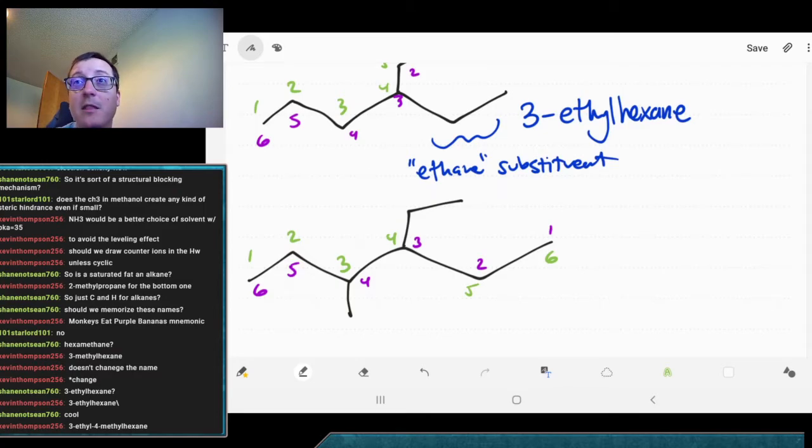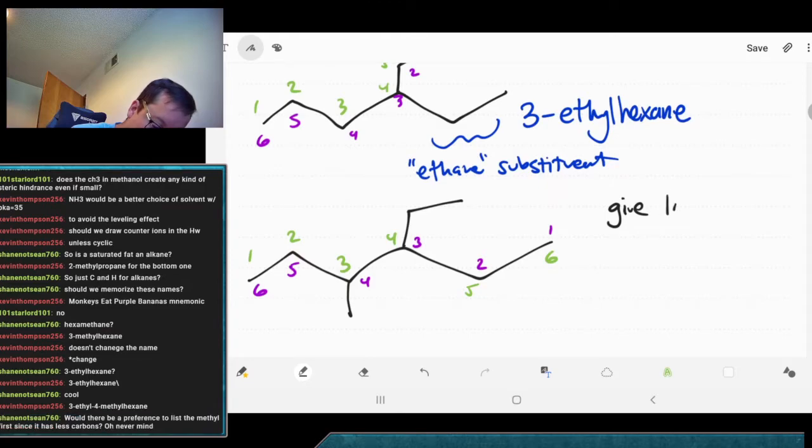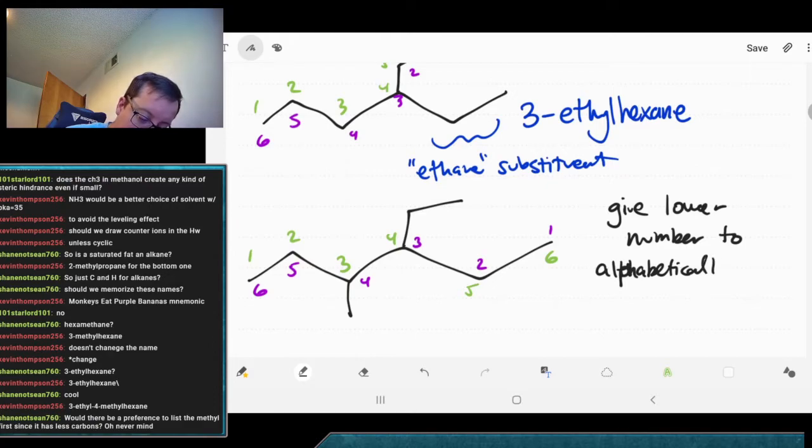We want to do it then alphabetically speaking. So we say, aha, ethyl comes before methyl alphabetically. So we're going to give the lower number to the alphabetically first one. That's really a weird way of saying that.